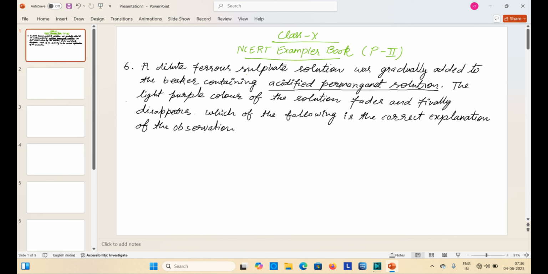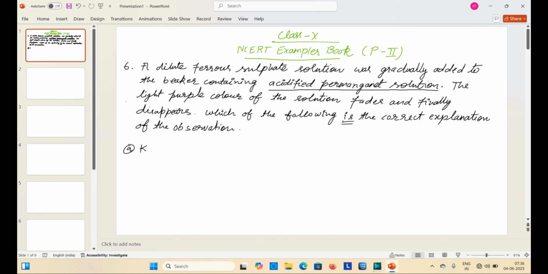So from this observation, which of the following is the correct explanation? Since it is given to us, I think there will be only one answer to this question.